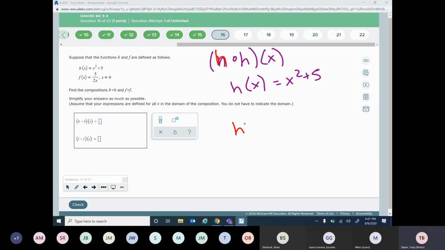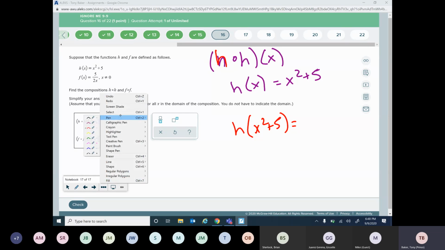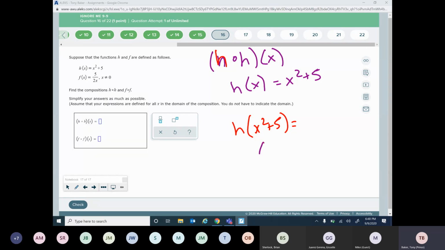So now I'm going to do the h, and I'm plugging in x squared plus 5. So the first is that x. So where that x is, I'm going to put my original x squared plus 5.